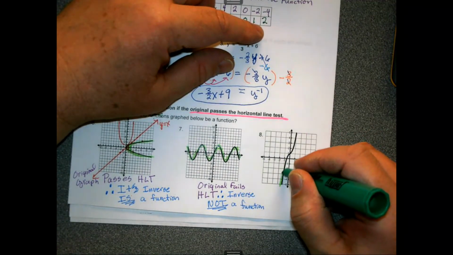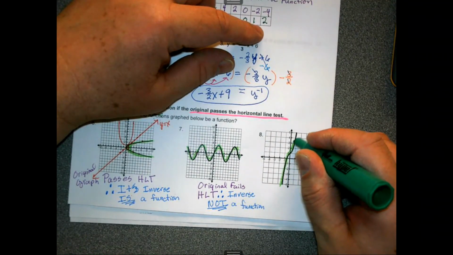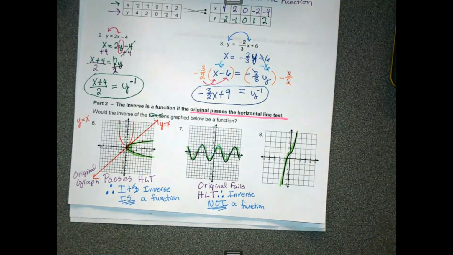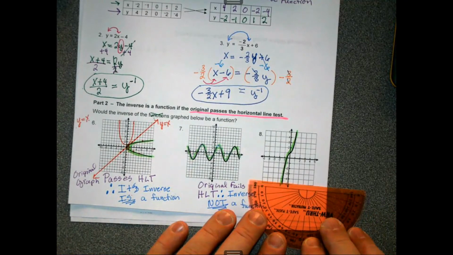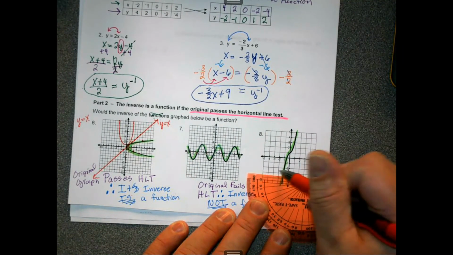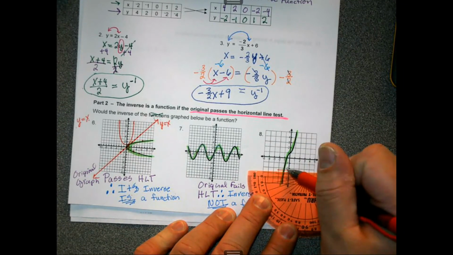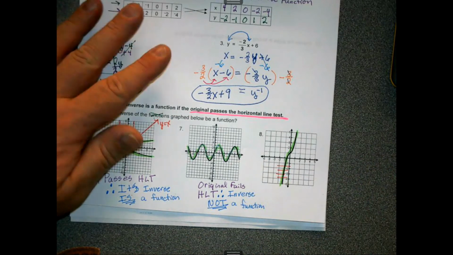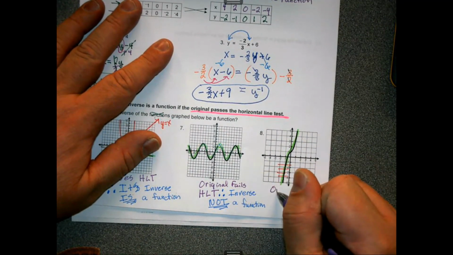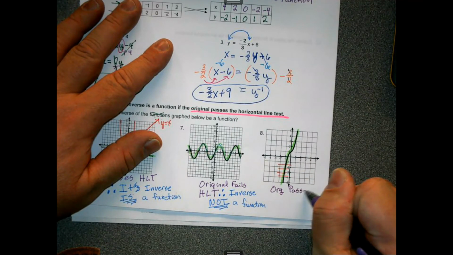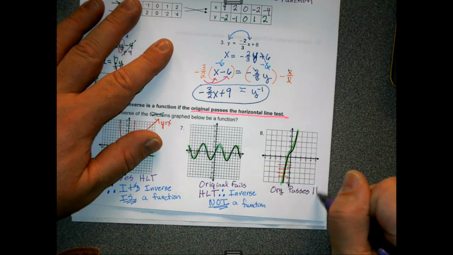Okay, number 8. Here's my original graph. Looks like some kind of a cubic function, right? Does it pass the horizontal line test? Yes, it does. So, original passes horizontal line test.